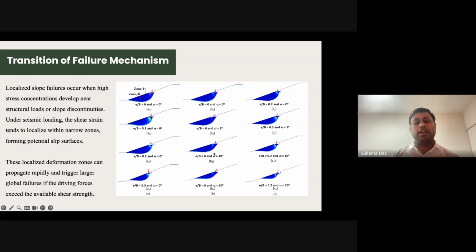Even for 5 and 10 degrees, some slipping or sliding can occur, because the movement of the soil mass participation is quite different. When we construct buildings where eccentric and inclined loads are both there, there is definitely a significant reduction of soil mass participation. So it is the most critical condition.